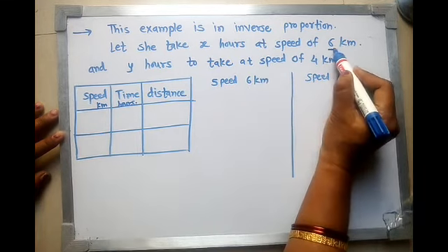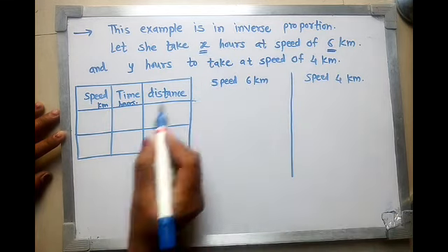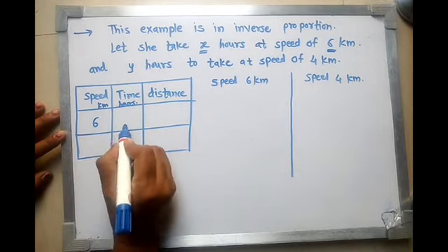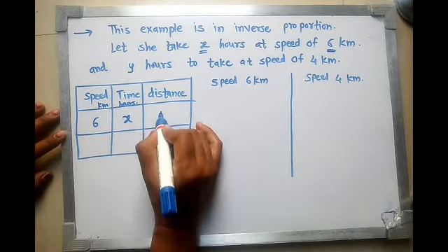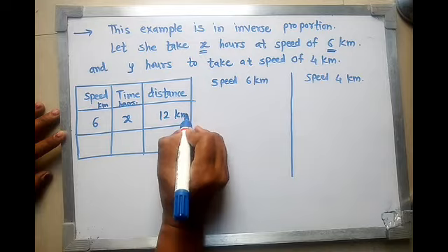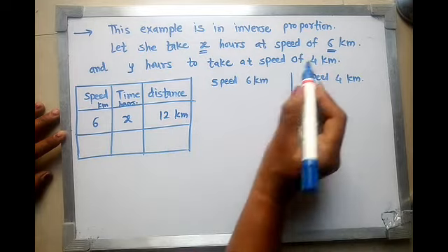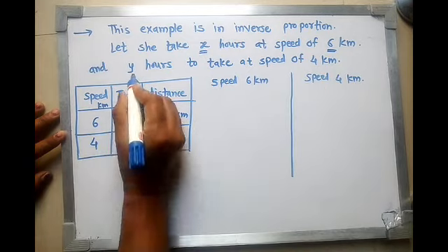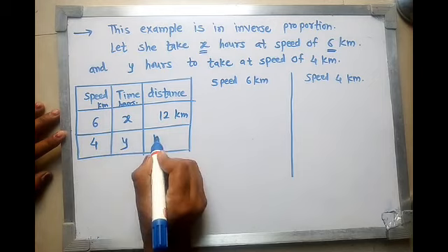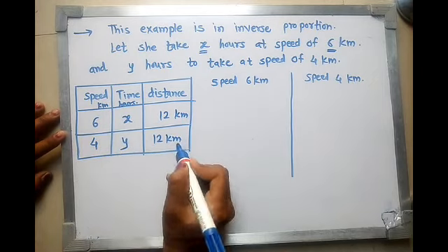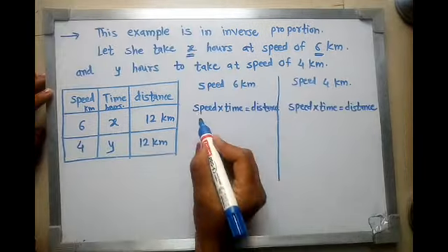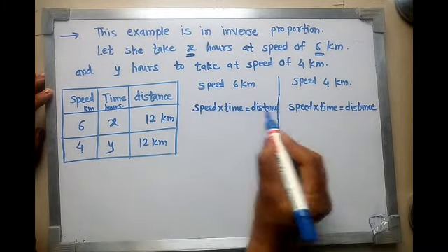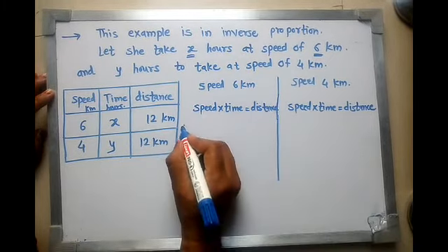In this example, speed into time is equal to distance. 6 km X hours for 12 km distance, and 4 km Y hours for 12 km distance. Speed into time is equal to distance, which is constant in this example.